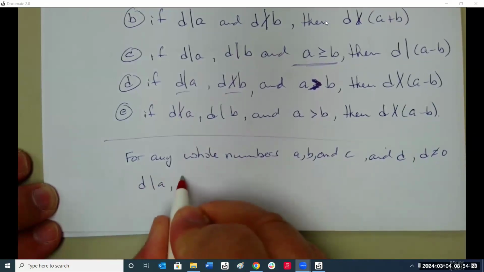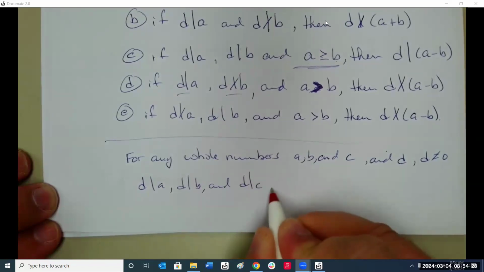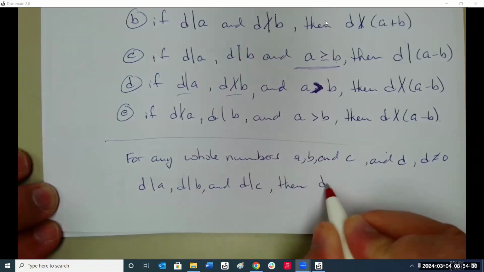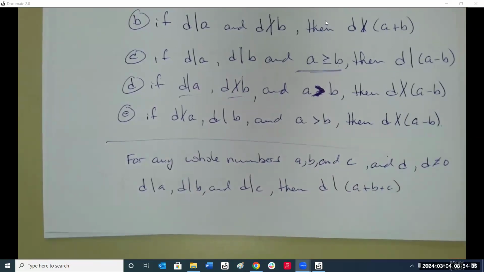D is a divisor of A, D is a divisor of B, and D is a divisor of C. Then D is a divisor of A plus B plus C. There is no limit how you can expand as far as you need. It becomes more complex when you have subtraction. Because when you have multiple subtractions, you have to make sure you can't equal negative. So we can't say A minus B minus C, because now you put a whole bunch of conditions on B and C.